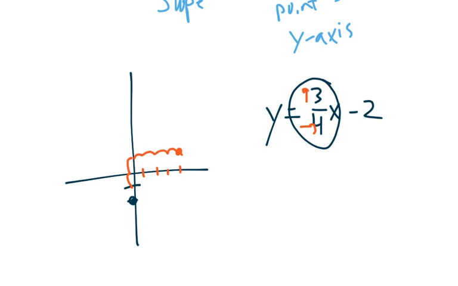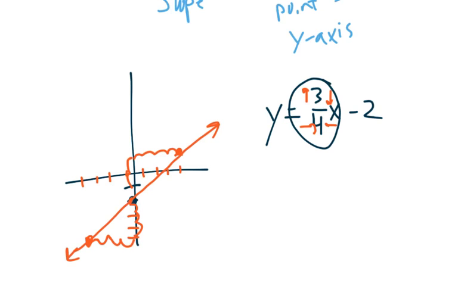Now, depending where I am with my graph, I could also, if I wanted to, go down 3 and to the left 4. So 1, 2, 3, and then to the left 1, 2, 3, 4. All right, there we go. And now what I have are 3 points that are on this line, and I'm able to draw a line right through it.